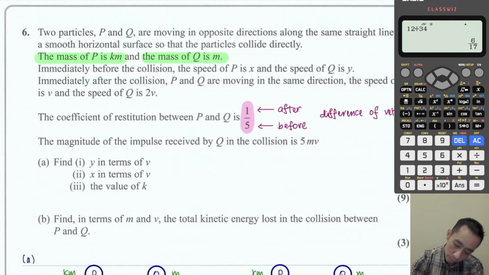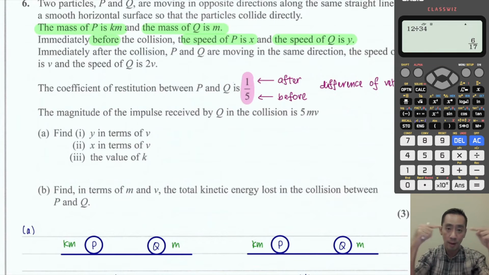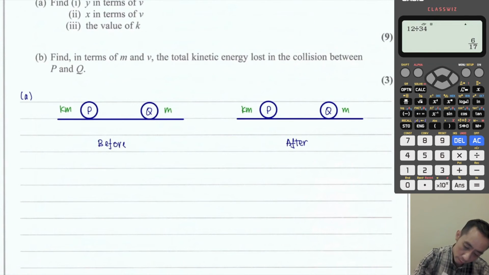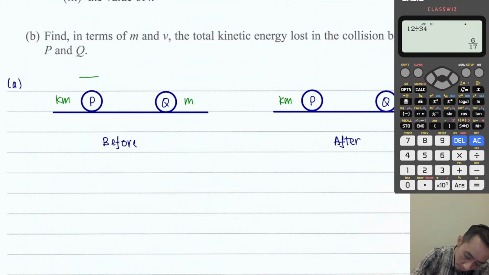And then what else? Before, the speed of P is X, the speed of Q is Y, and they are moving in the opposite directions. So P is X, so for this one, this is X meter per second. And then for this one is Y meter per second.